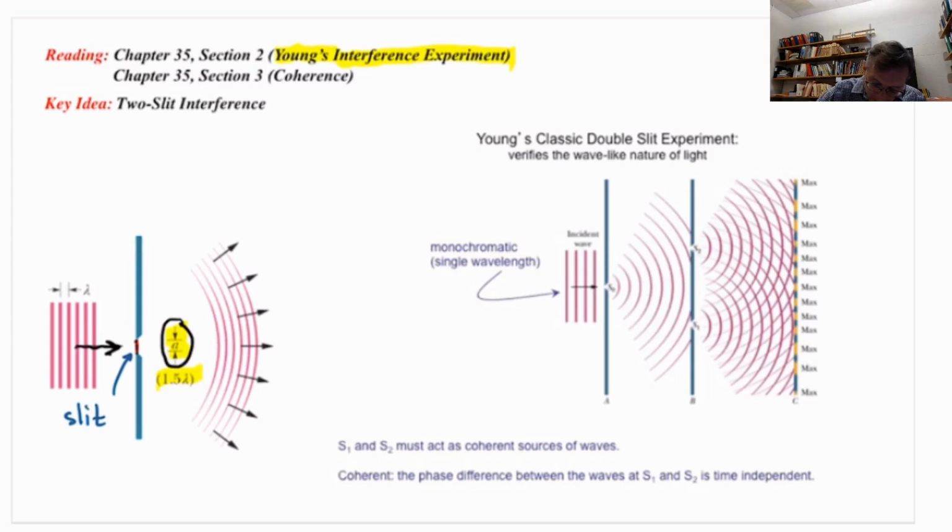So now the wave fronts have curvature as a result of going through that narrow slit. And then those wavefronts are traveling outward in all directions, like so.